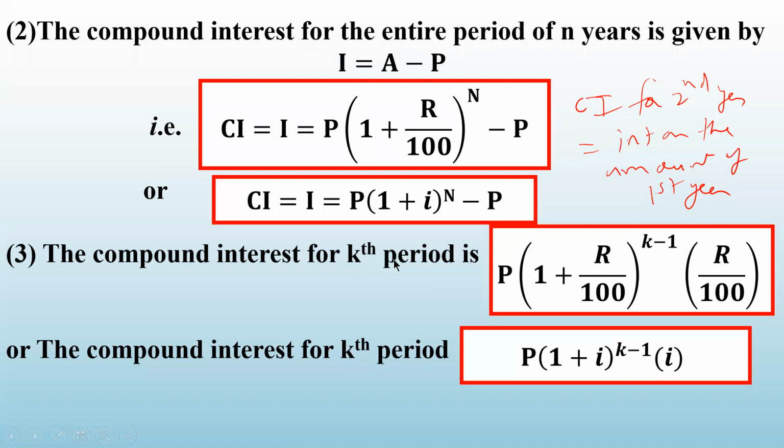So the amount in the (k minus 1)th year is P into (1 plus R upon 100) raised to power k minus 1. If it were for n years it would be n, but for the (k minus 1)th year you have the power k minus 1. On this amount you calculate the interest. Interest rate is R%, so if you multiply by R upon 100, you get the compound interest for the kth period.